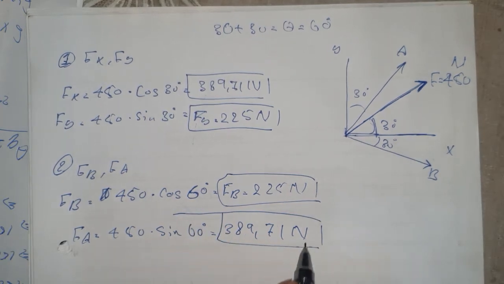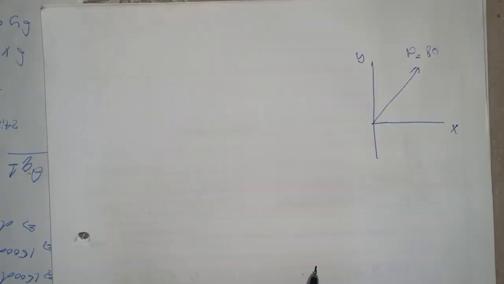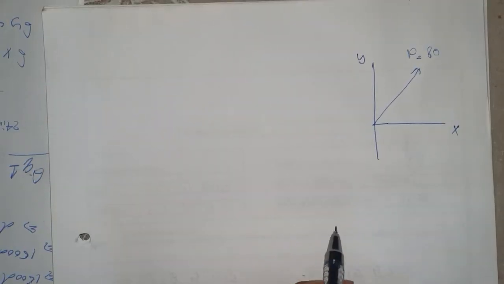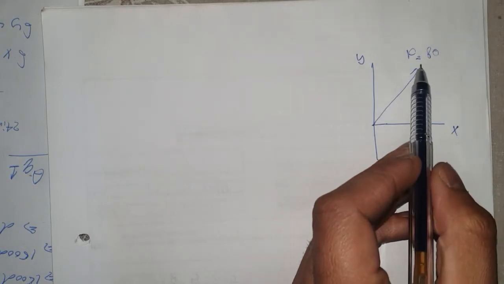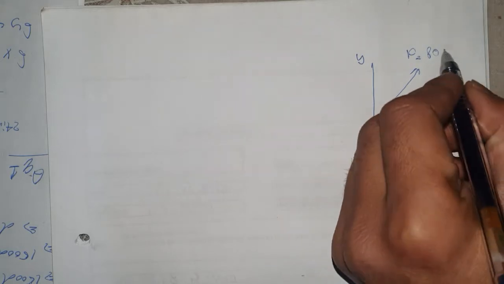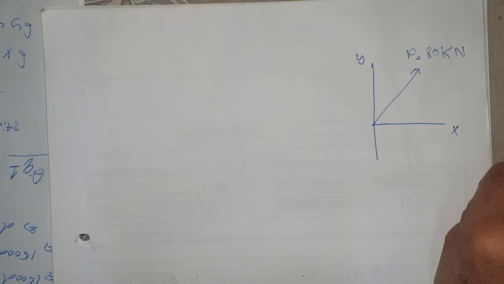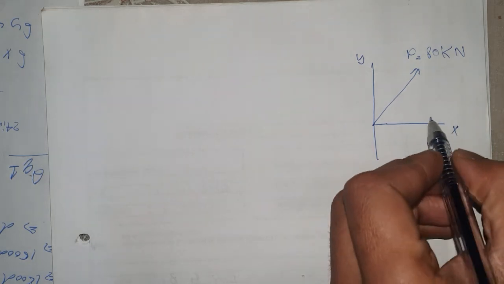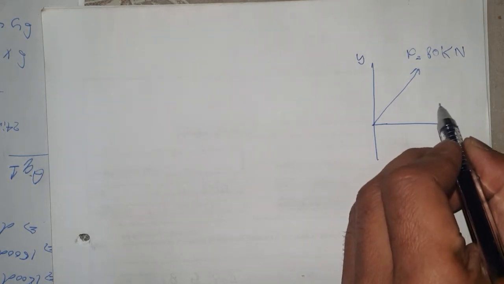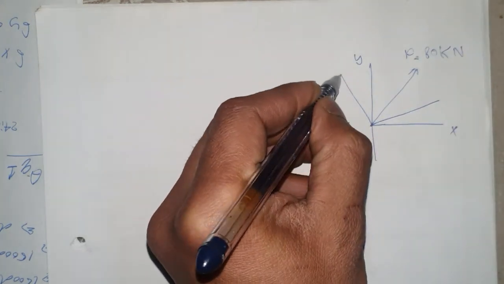So here we have the x and y axes, and we have a force exerted, 80 kilonewtons, and we have a double axis for this, one like this, another like this.